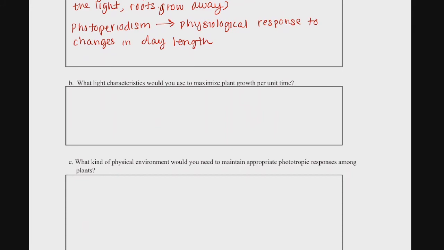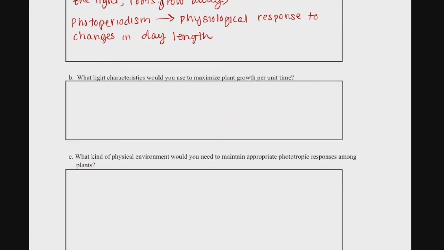So what light characteristics would you use to maximize plant growth per unit time? So we know the chlorophyll molecules in photosynthesis, in photosystems 1 and 2, respond and absorb light in the red and blue wavelengths. So we talk a lot about the distribution of light spectrum and what the plants actually use in photosynthesis, and we've seen that a lot of those photons come from blue and red.